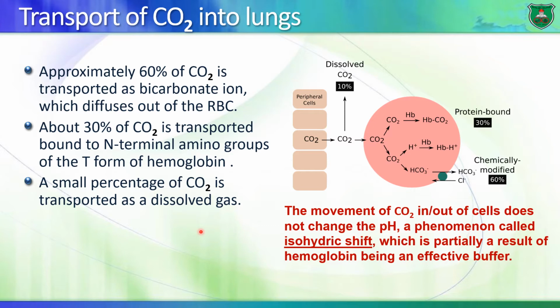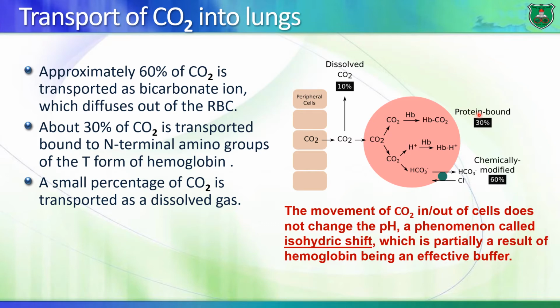Now, remember, what happens here is that you always have formation of protons right here. But even though there is formation of protons, there's no change in pH overall. And this is known as the isohydric shift, which is a result of hemoglobin acting as a buffer.